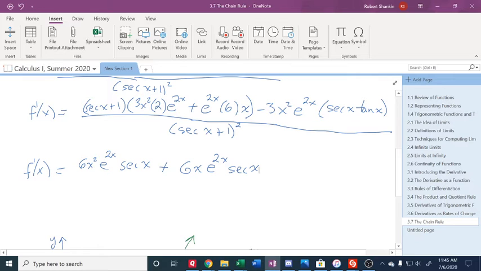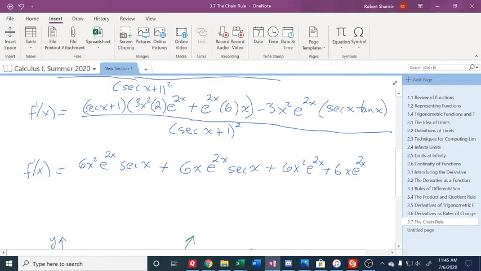And then we distribute the 1. So then it's plus 6x squared e to the 2x. Distribute the 1 again. Plus 6x e to the 2x.